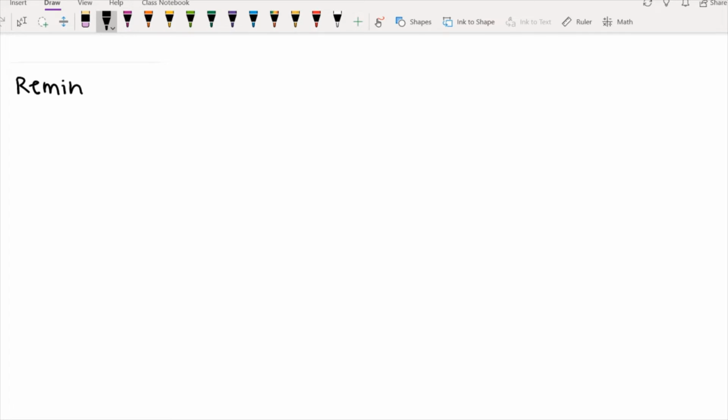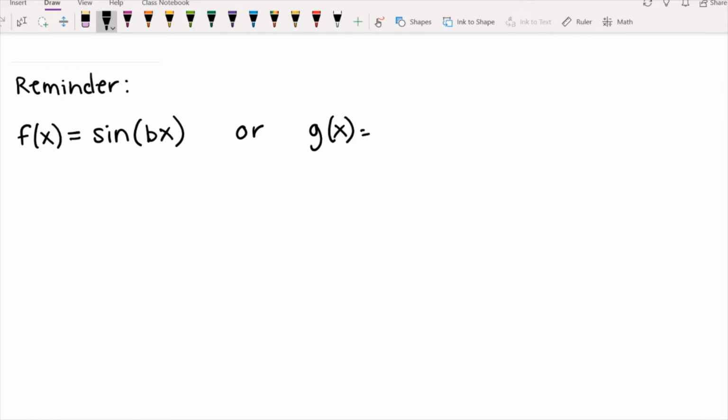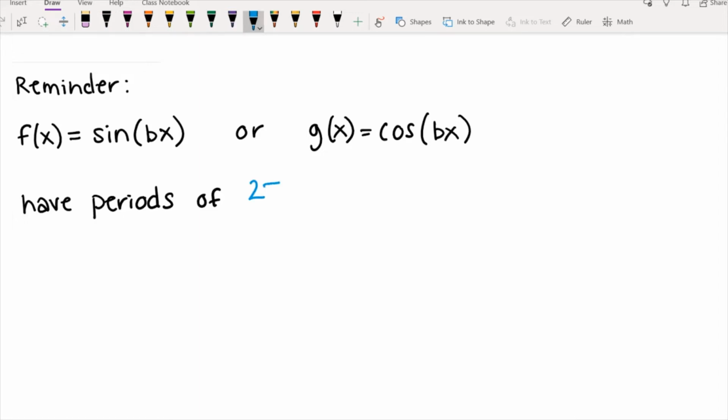But as a reminder, if you have f of x is equal to sine of b times x, or g of x is equal to cosine of b times x, those two functions have a period of 2 pi divided by whatever that number b is.